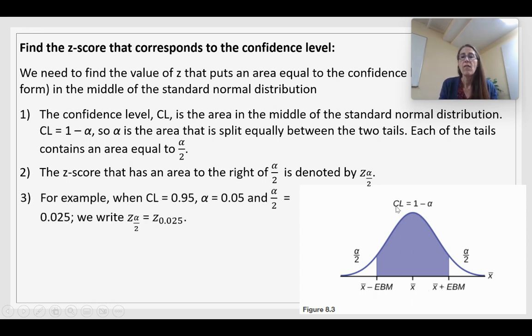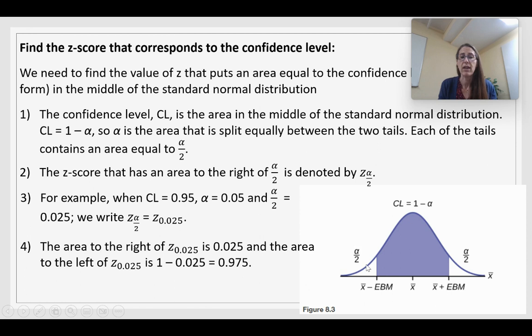So when our confidence level is 0.95, then alpha equals 0.05, and alpha divided by 2 equals 0.025. So we write z sub alpha over 2 is z sub 0.025.